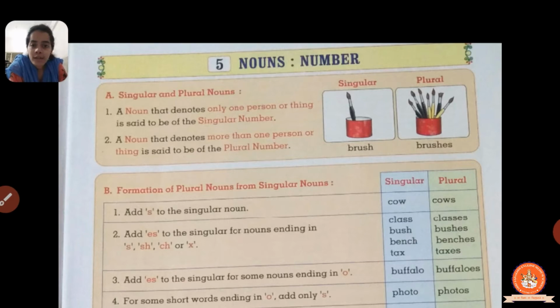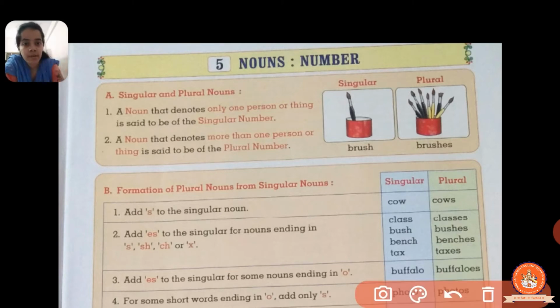Whenever any noun is given and you have to convert that noun from singular to plural, the basic thing we have to remember is to just add s at the end of that particular noun. Here the example is given: cow, cows, right? If there is only one cow, then we say singular, cow.